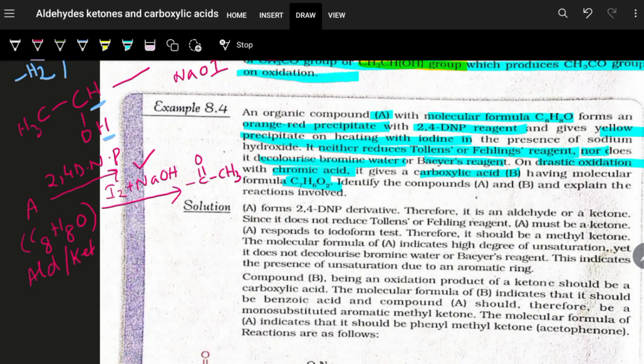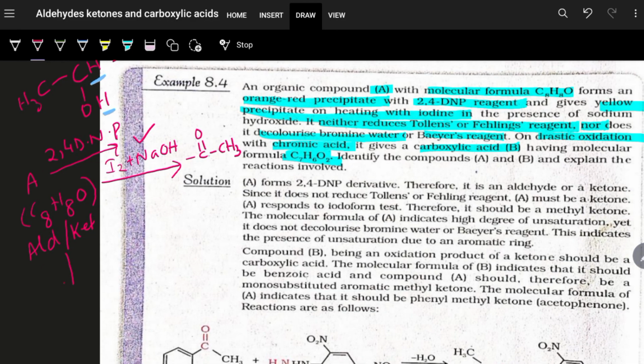Next, it neither reduces Tollens' reagent nor Fehling's solution, so it's a cross over here. So obviously it is not an aldehyde, but it is a ketone.